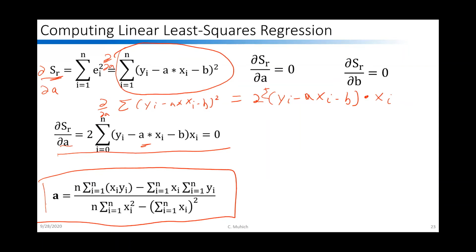It says that my a value, so my slope, is equal to n, the number of data points, times the summation of xi yi, minus the sum of all of my xi points multiplied by the sum of all my yi points.